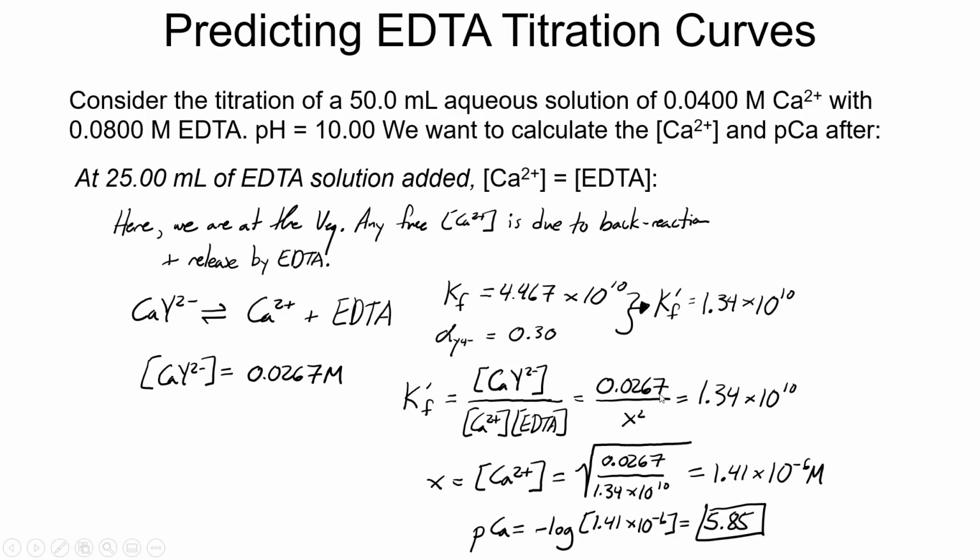We have to make a simplifying assumption in the numerator, unless you really want to go full quadratic. But because our Kf value is quite large, our K'f value is quite large, we can drop the minus x term from the numerator that we would ordinarily get from the ICE table and calculate our pCa value quite directly. So that's region 2. That's how it's calculated right at the endpoint.